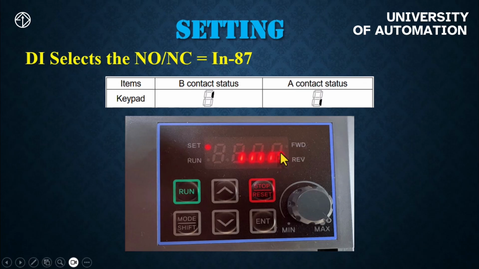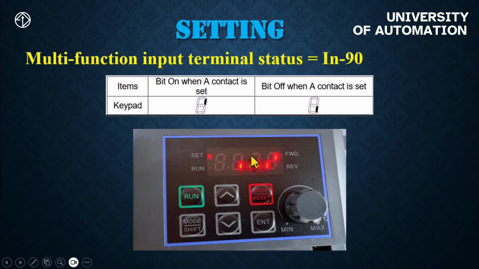If they're high like this, that digital input is in NC contact mode or normally closed. So for each of the digital inputs, if its corresponding bit is in the off state, meaning it's down, that digital input is normally open. If its corresponding bit is up like this, that digital input is normally closed. So that's how you select normally open or normally closed for a digital input.